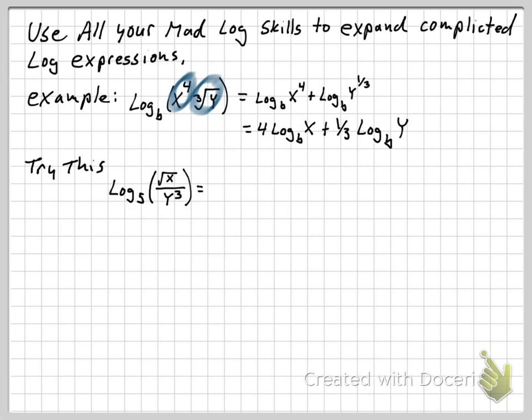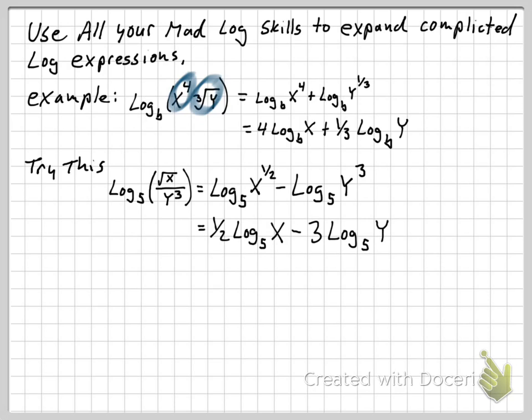Let's try something a little bit more complex, not much. Okay, let's start off with using our division or quotient rule to turn it into a subtraction. Next thing we'll do is use our power rule. And we've got this expanded out.